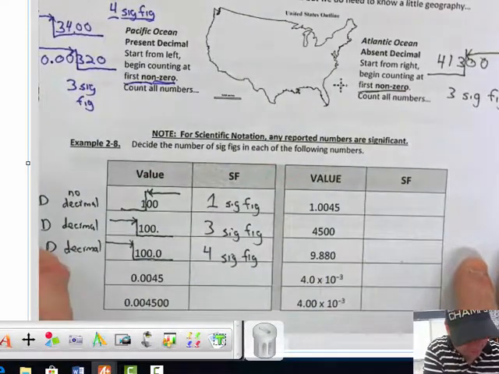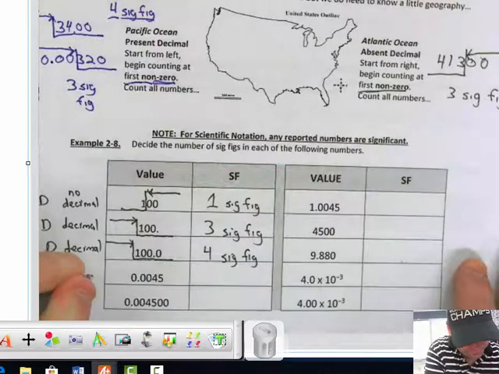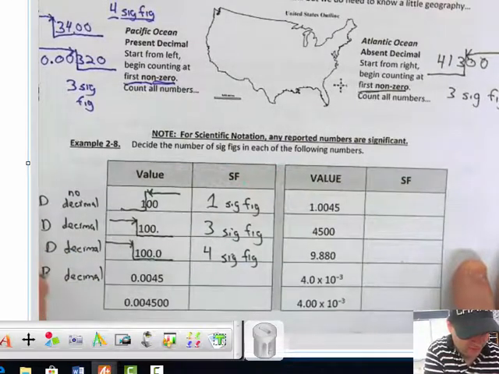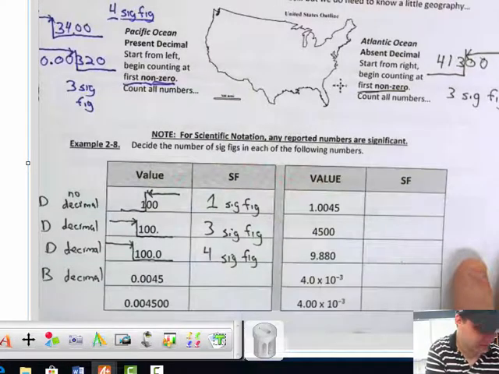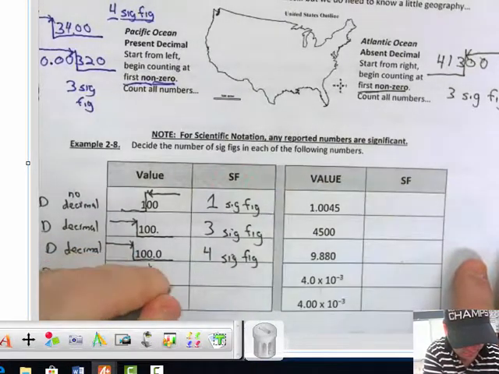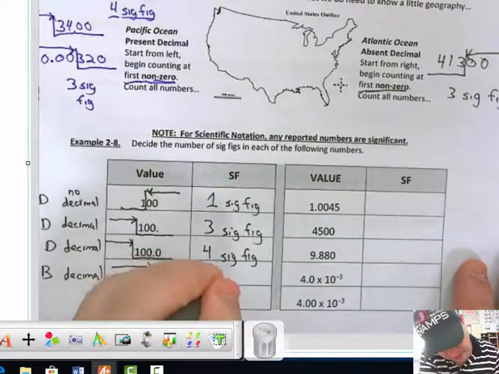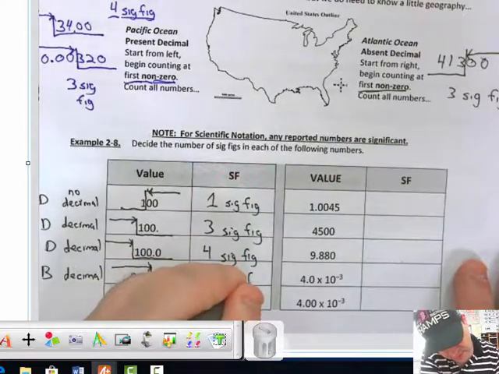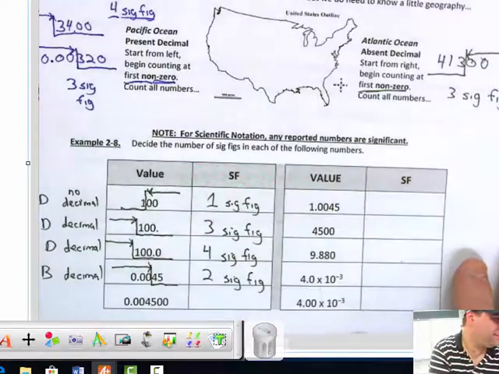Now we have a decimal here. This is rule B. Leading zeros never count. So we pass those and go to the 4. So this would be 2 significant figures.